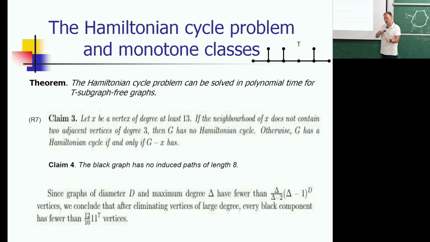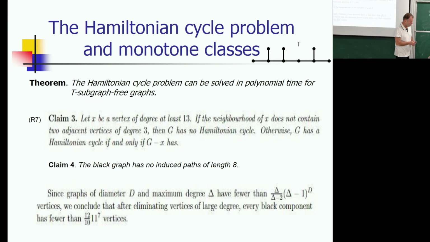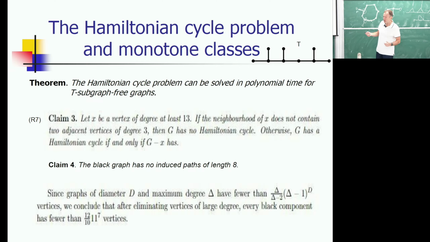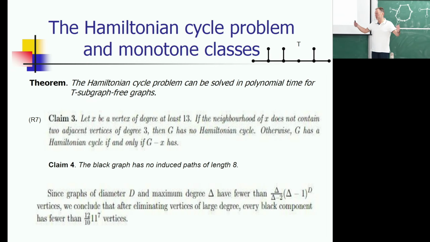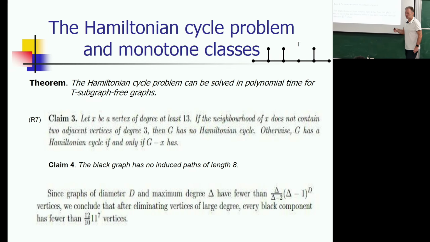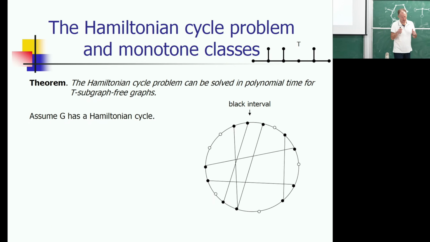Every black component has a bounded size, of this many vertices. Okay, so now we know that if our input graph has a black component with many vertices, more than this amount, the Hamiltonian cycle does not exist. What if it has at most a bounded number of vertices in each black component?